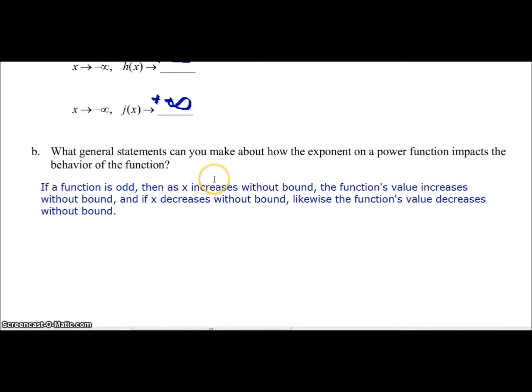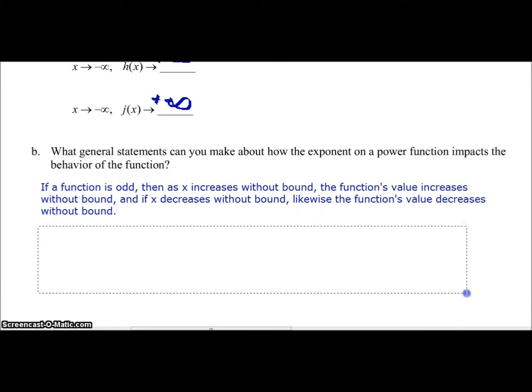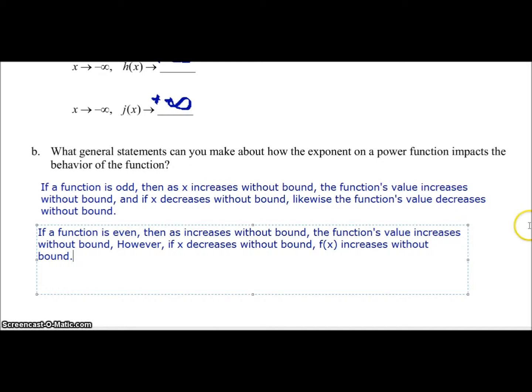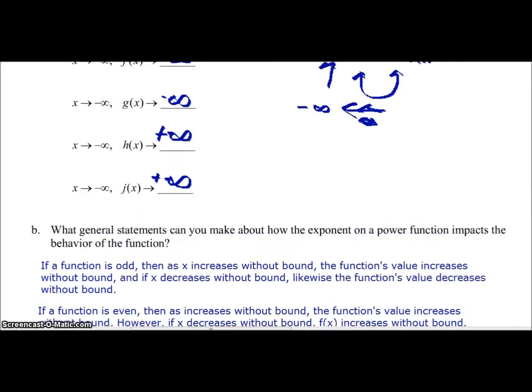So with odd functions, the behavior of the function is the same as the behavior of x, but with even functions, we saw it was a little bit different. If the function is even, then as x increases without bound, the function's value seems to increase without bound. However, if x decreases without bound, f of x increases without bound.